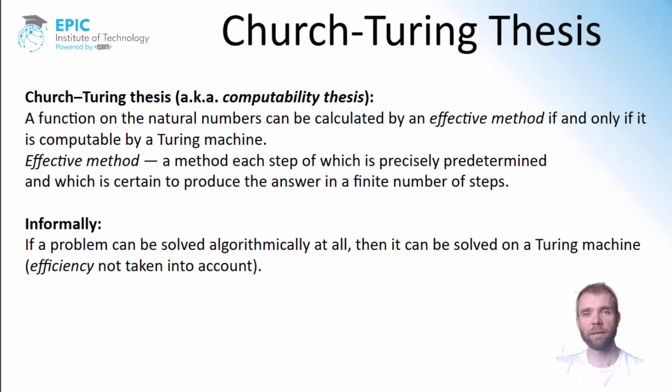So we have a very important notion, which is the Church-Turing thesis. Turing's machine was not the only model of computation out there. Practically the same year that Turing proposed the Turing machine, Alonzo Church, American logician and mathematician, also devised a way to describe an algorithmic procedure. That was lambda calculus.